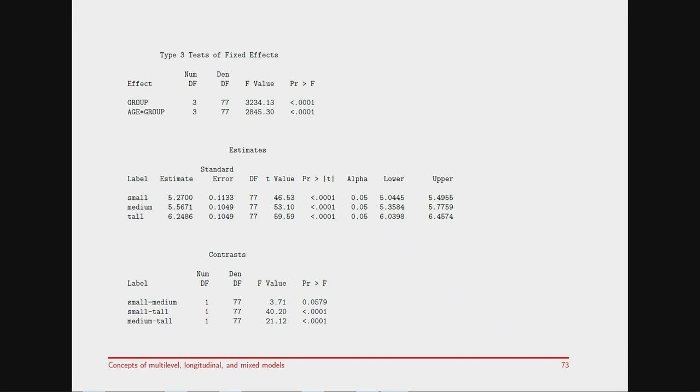And then you see that there is no significant difference between the slope of the first 2 groups, but it's the 3rd group that has a significantly larger slope than the other 2 groups. And you basically also see that here the first 2 groups have slopes 5.27 and 5.57 approximately, while the 3rd group has a slope 6.25.